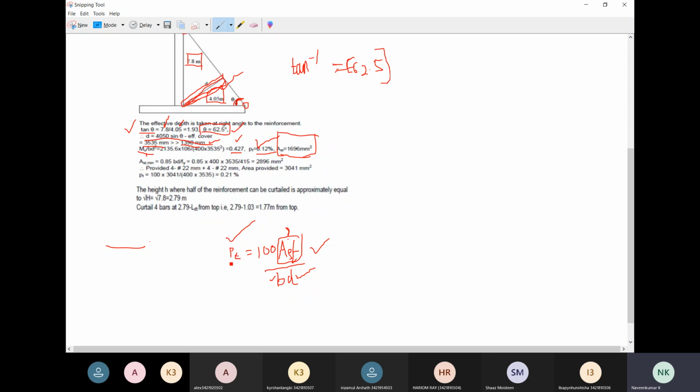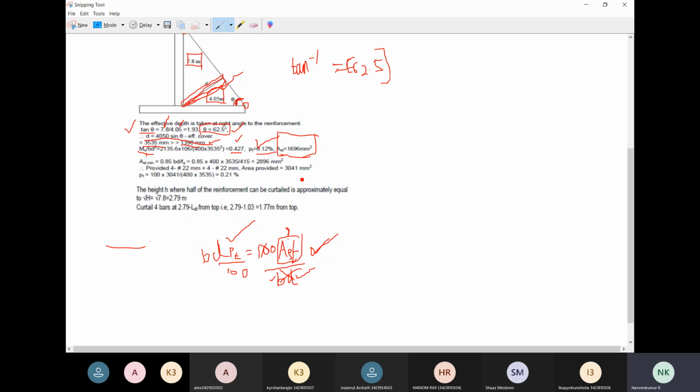You take bd to the numerator side and 100 to the denominator, so only AST remains. By this method you can calculate the area of steel.